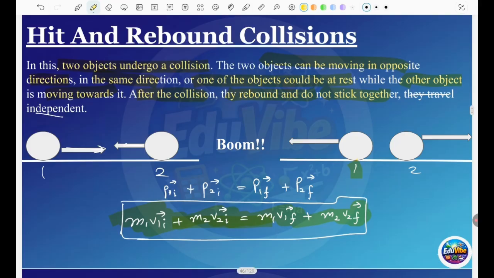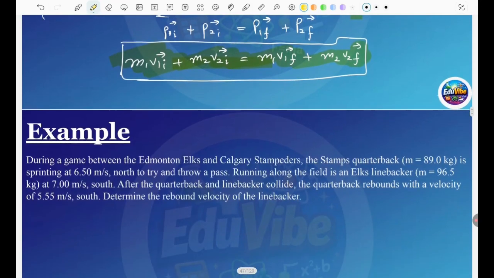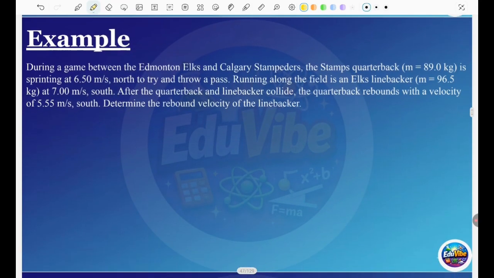So this is for the hit and rebound. Let's deal with an example first and then move on to the other collisions. The first example states that during the game between the Edmonton Eskimos and the Calgary Stampeders, the Stampeders' quarterback, mass 89.0 kg, is running north at 6.50 meters per second to try to throw a pass, along the field.